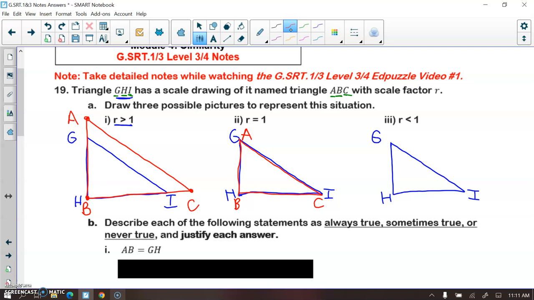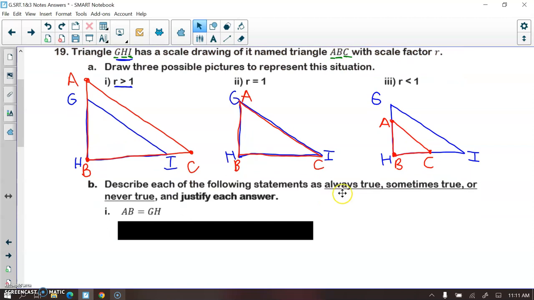I'm going to say that my center of dilation was still H, so B would stay the same, but this time with a scale factor less than 1, that means that BA is going to be shorter than HG, and BC is also going to be shorter than HI. So these are our 3 situations.